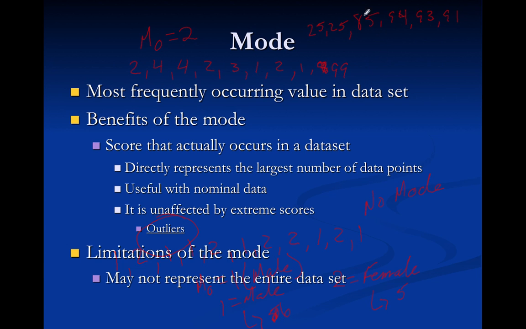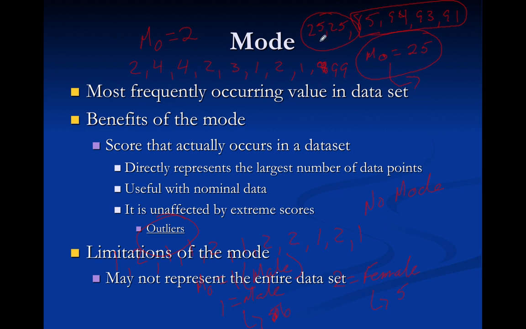So you'll notice here now my mode is equal to what? My mode is equal to the value of a 25, right? Because my value of a 25 occurred 2 times. All other values occurred only 1 time. So here, if somebody saw this, somebody would say, wow. So in other words, the group performed at a value of a 25. Wow, they're doing terrible. When in reality, the group is doing really well. 4 out of the 6 people are performing very well.